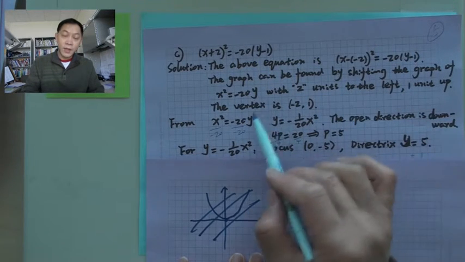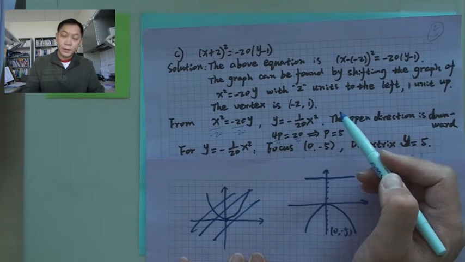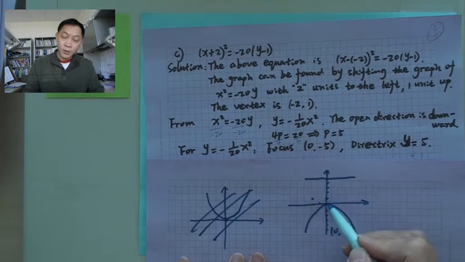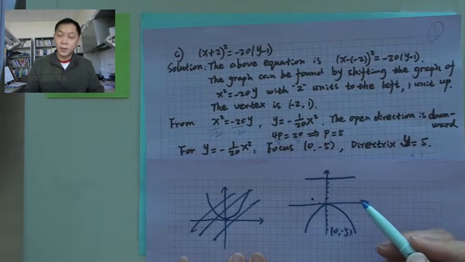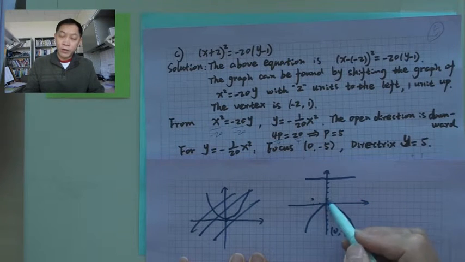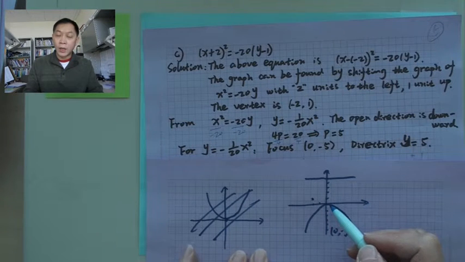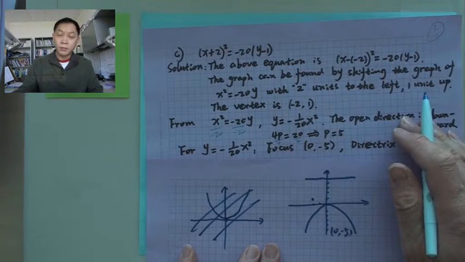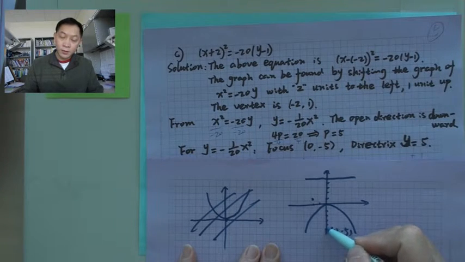Now the vertex is -2, 1. -2 is here, 1 is here, so you know the picture is eventually shifted to here, 1 unit in the vertical direction. Okay, so the focus was here.